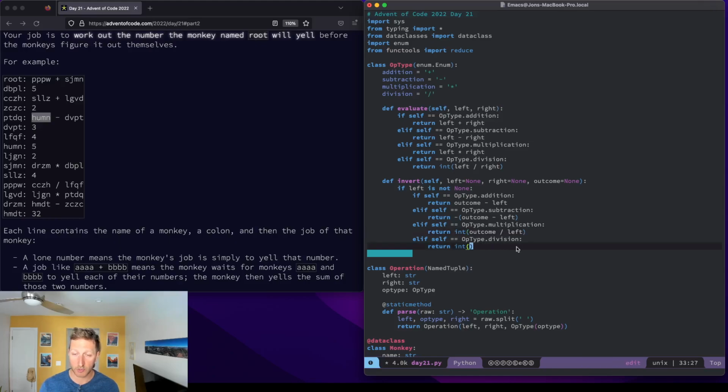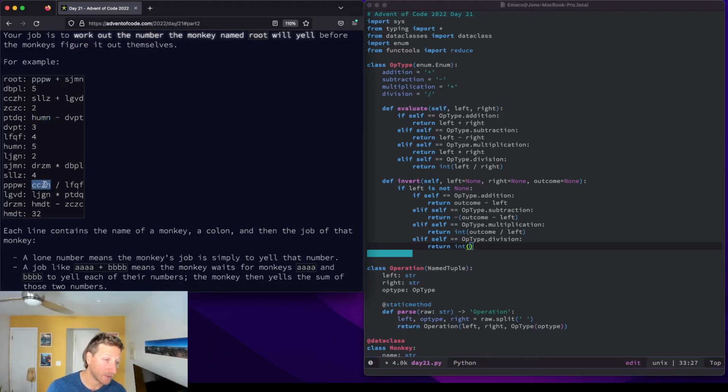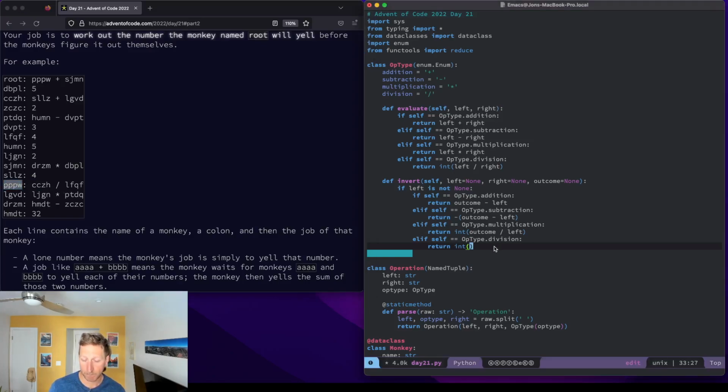And if it's division and we have left, then we do left divided by outcome. Yeah. If you don't get that, then it's just some basic algebra. Sorry to be condescending.